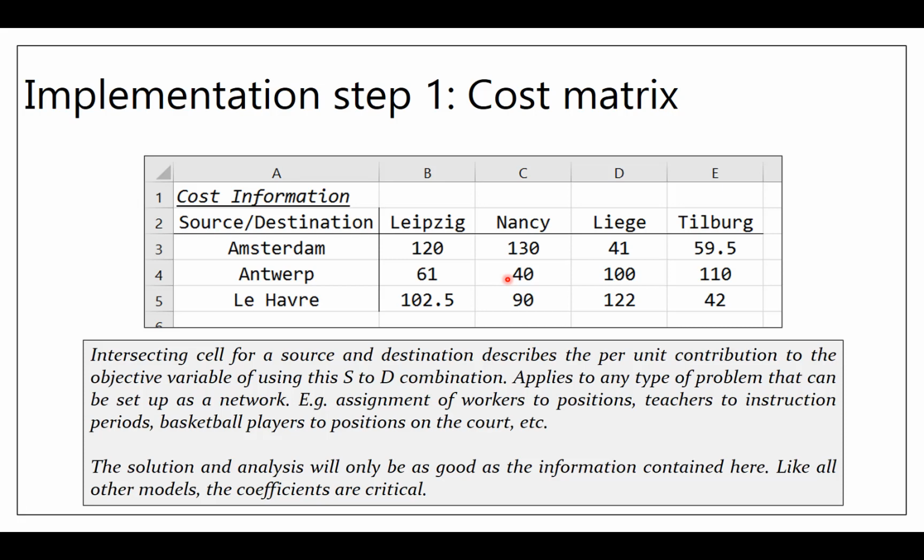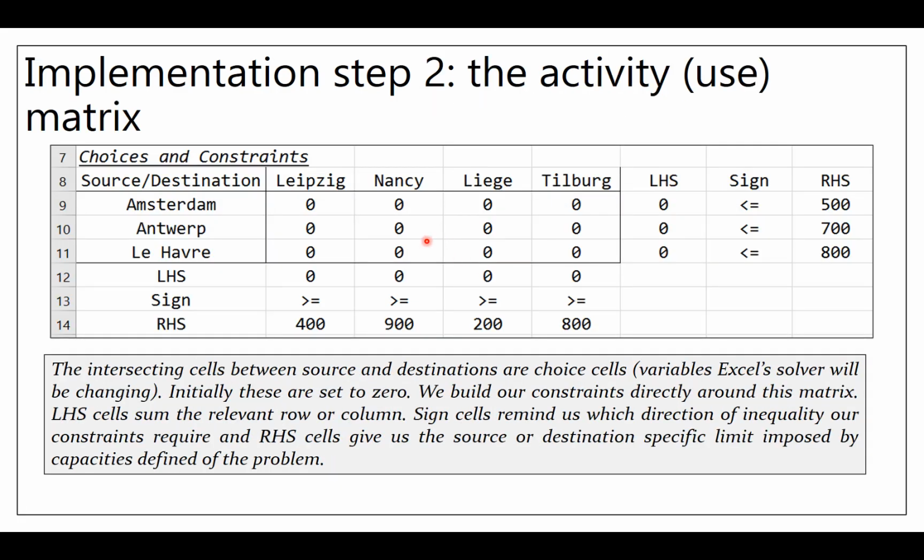You take one unit from Antwerp and ship it to Nancy. If that was best for the first unit, it's going to continue to be best for the second, third, and fourth, until you hit a constraint in the problem: either you've shipped everything that can go out of Antwerp, or you've filled all the demand required at Nancy.